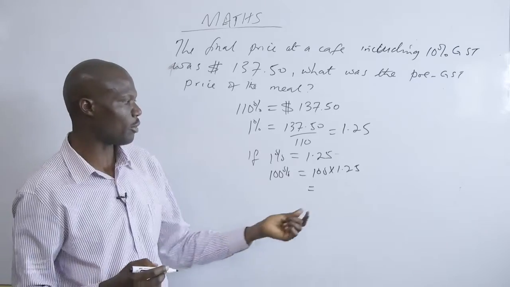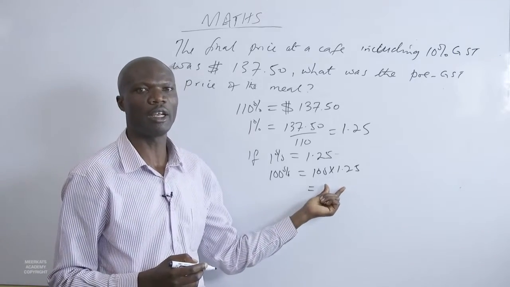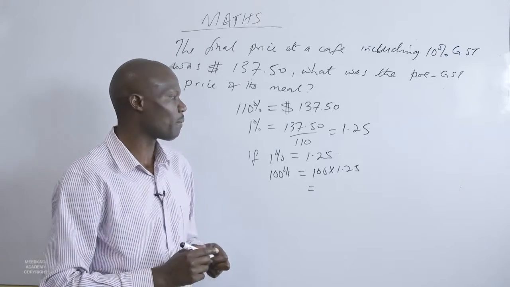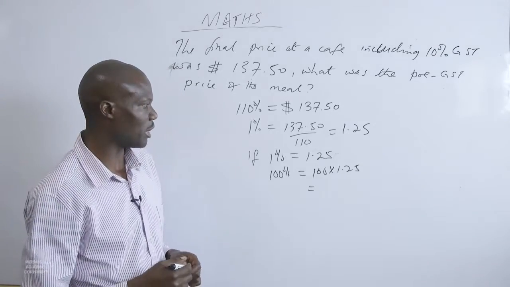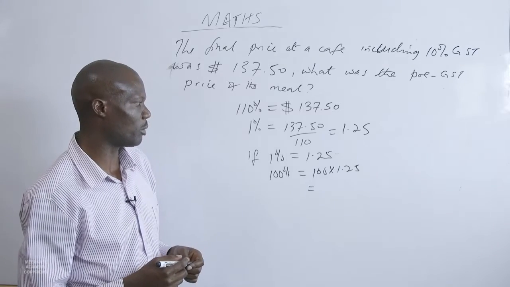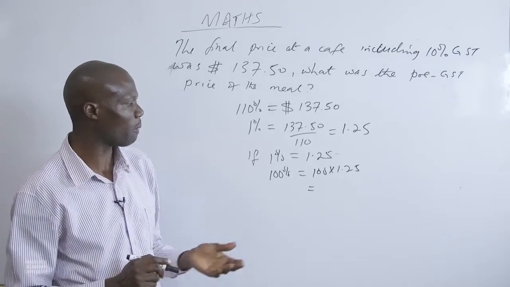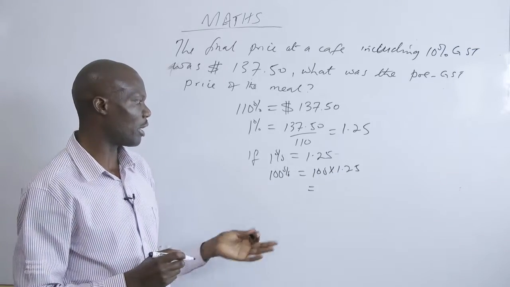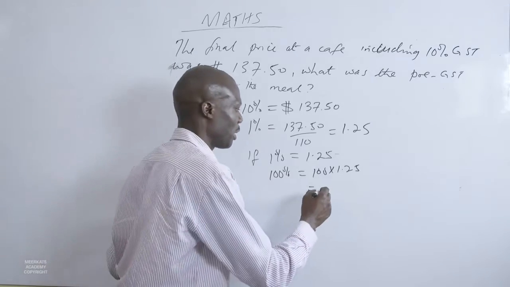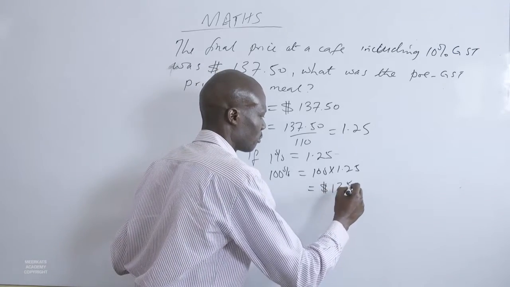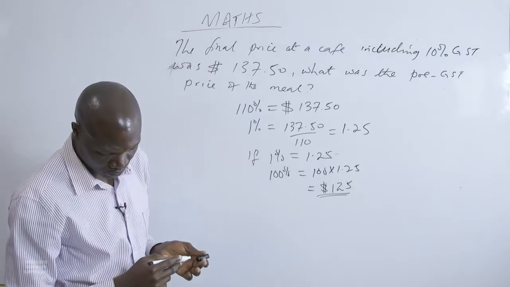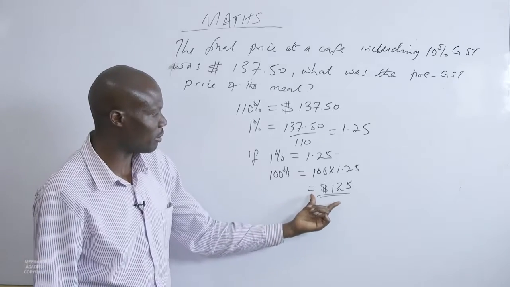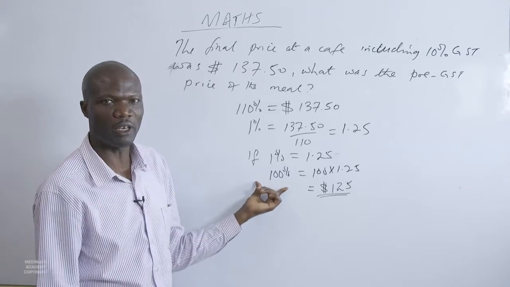We said earlier on, when you're multiplying a decimal by a power of 10, the decimal point moves to the right. The number of decimal places moved is equivalent to the number of zeros. We have 2 zeros, so 1.25 becomes 125. Now, this 125 is 100%.